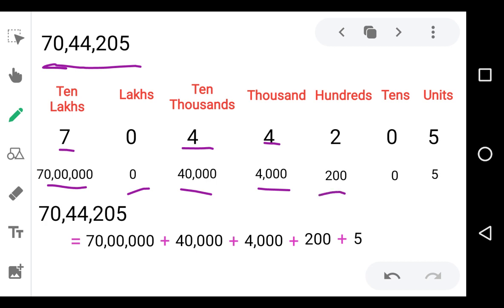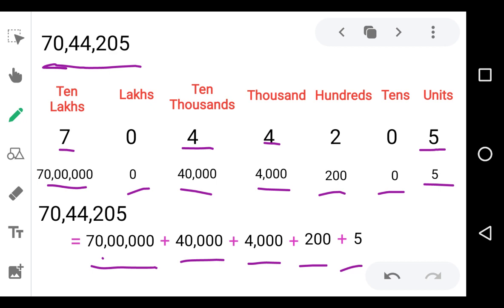As 0 is there in the tens place, the place value of 0 is 0. Now 5 is in the unit place, it is 5. So it is 70 lakh plus 40,000 plus 4,000 plus 200 plus 5.